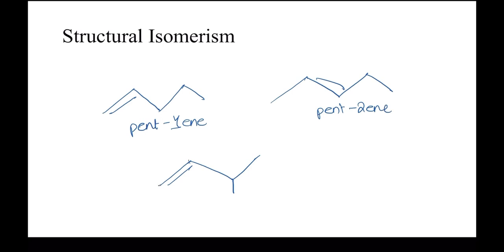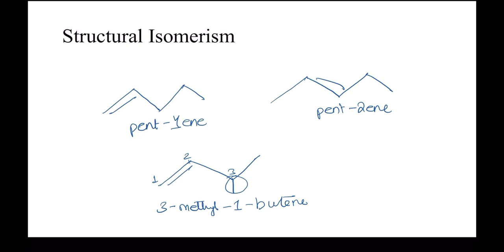So this is 1, 2, 3, 4, right? So this is a butene, correct? This is 1-butene, and then I also have a methyl, right? But I'm going to start numbering from here. So this is 1, 2, 3. So this is 3-methyl-1-butene. So this is your structural isomerism.